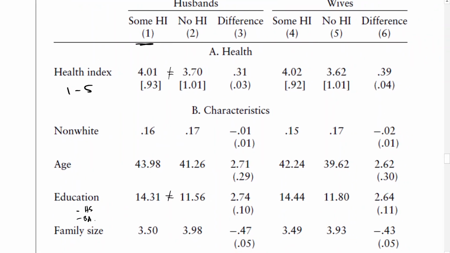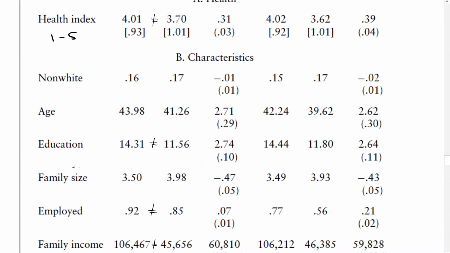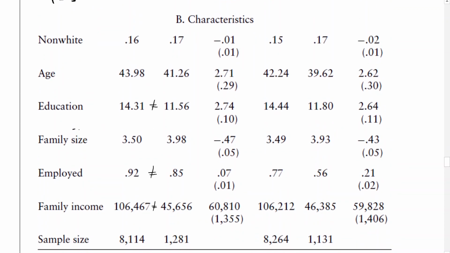And as we see, based on a number of different characteristics, but particularly educational levels, employment, and family income, the two groups are not nearly equal. We do have some selection effects: the people who are more likely to have more education, they're more likely to be employed, they have higher family incomes.